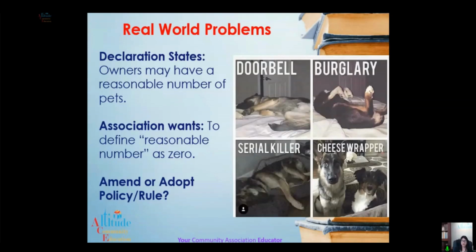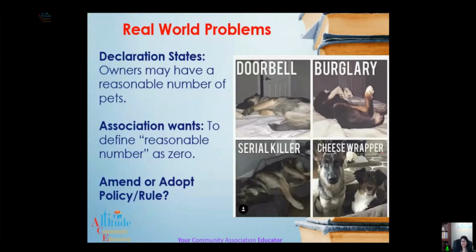I really do. I use this example a lot, so if you've heard me use it before, I'm sorry, but it's just such a good example of a situation where the declaration doesn't specifically state each owner's entitled to have a pet, but it does, right? When you're saying owners may have a reasonable number of pets, it's essentially saying you're entitled to have at least 1 pet.